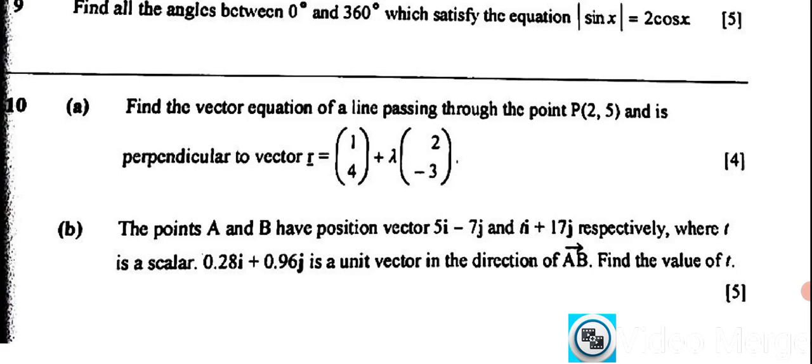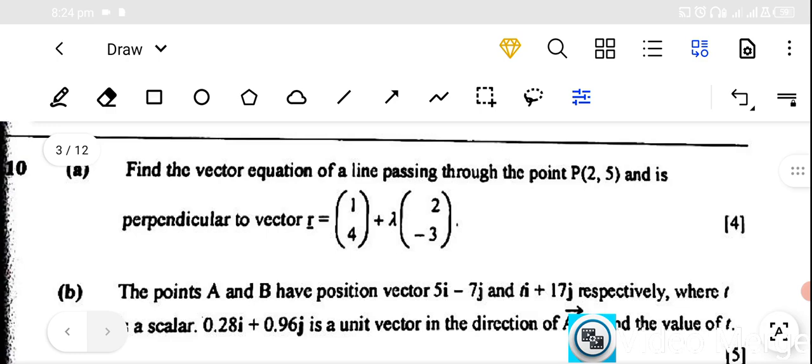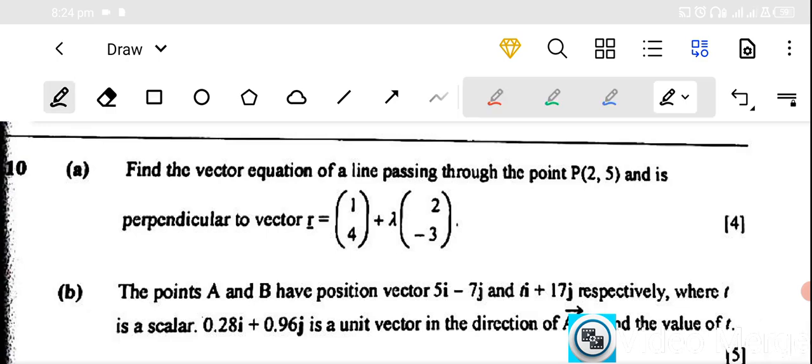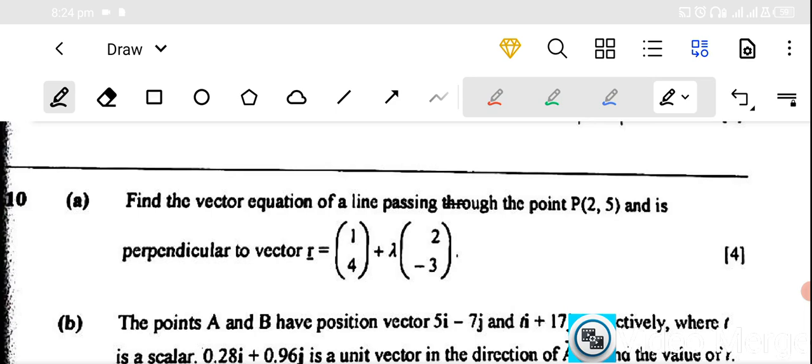So it simply means that a vector comprises of the original vector, or we can say the position vector, and a direction vector.